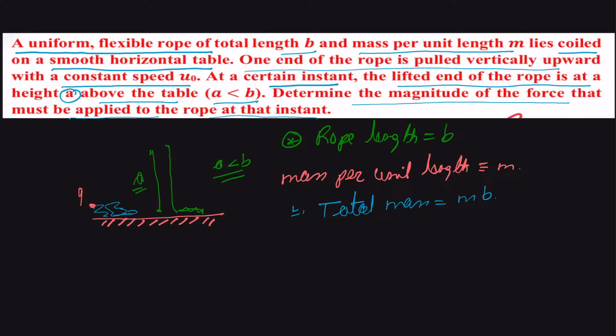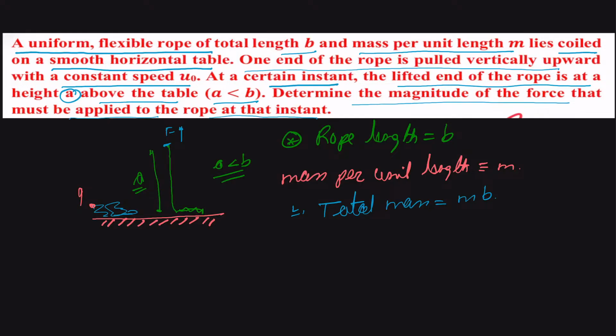So at this particular moment, when the length of the rope is a above the table, we have to find out the force which we are applying to hold this rope. And as we are going to pull upward, there will be change of the mass of the rope, that we have to consider.